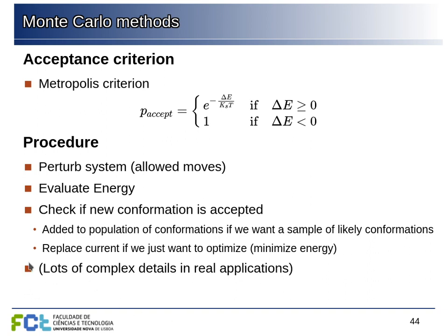There are many complex details in real applications. So molecular dynamics is a complex field. Also, these Markov chain Monte Carlo methods that use these chains of perturbations of the conformation are fairly complex.